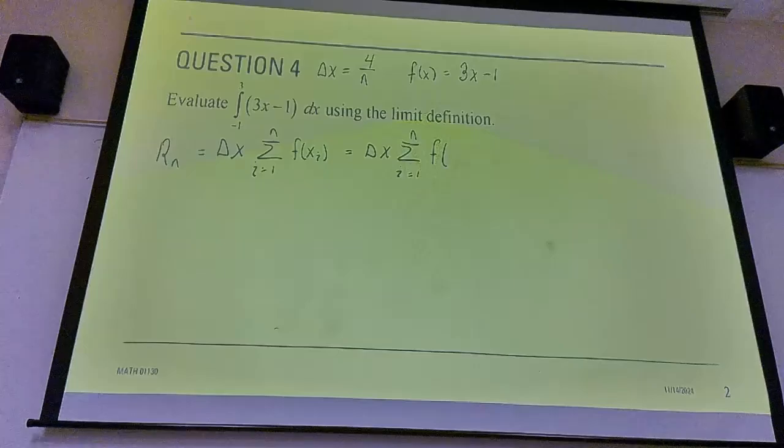Right, plus the length of the interval. The second right endpoint would be the left endpoint plus delta x. But the left endpoint is the right endpoint of the previous. So isn't that now a plus 2 times delta x?